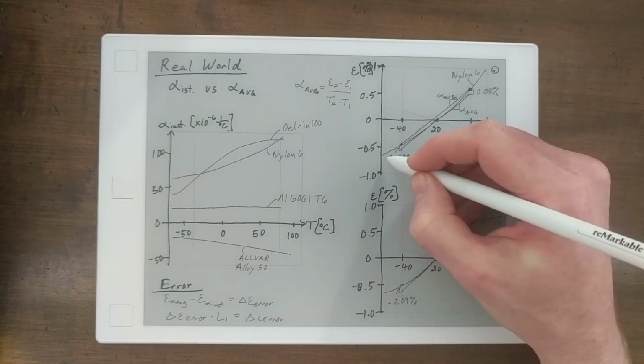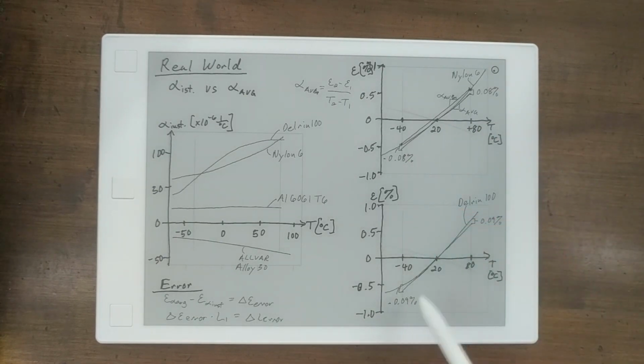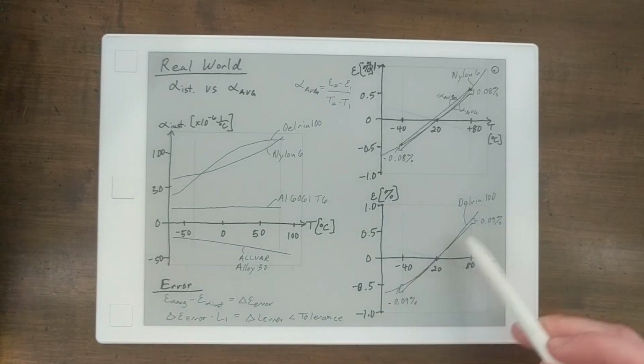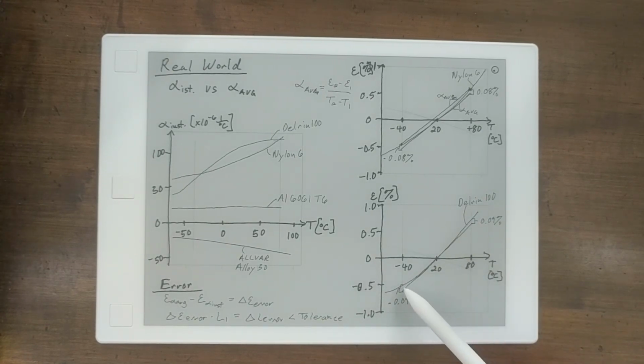This will actually be negative. So that's your error right there at the extreme temperatures. And you want that error to be less than the tolerance of your component, or the tolerance in your error budget for these extreme temperatures. And you can see that it scales linearly with the length of a component.